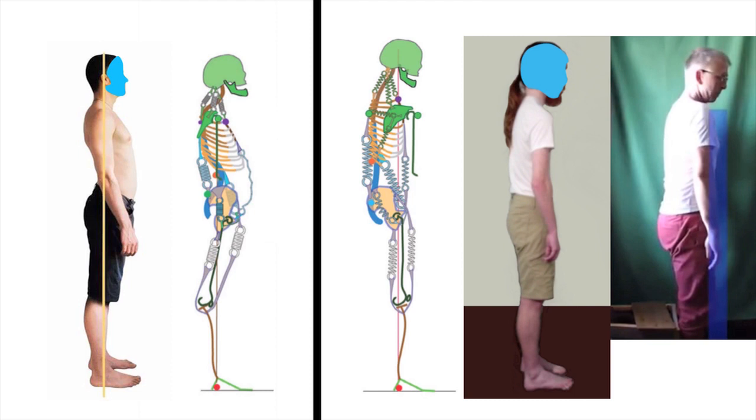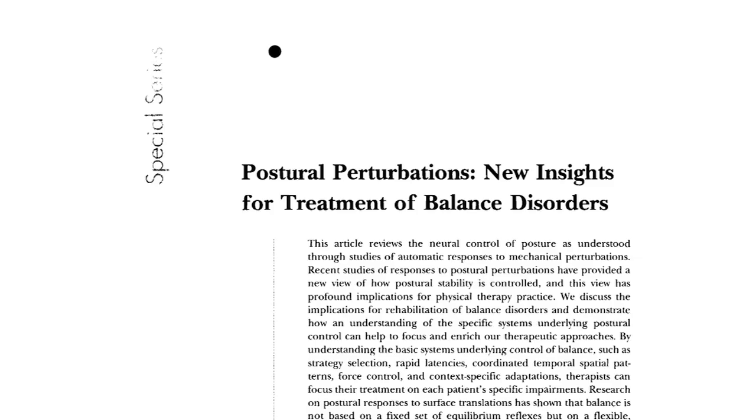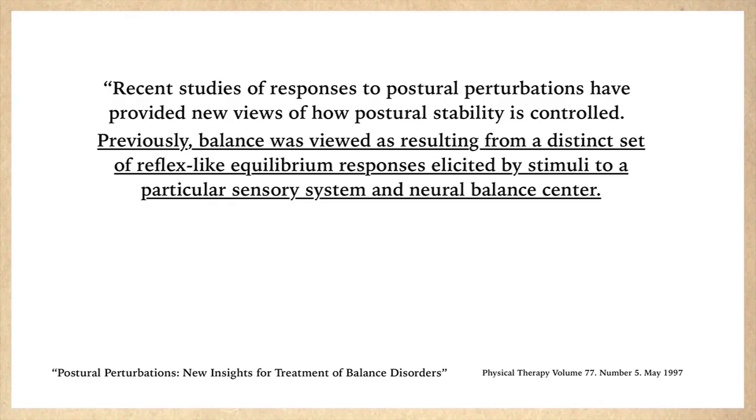skeletal segments properly. Masoero quotes from a paper entitled Postural Perturbations, New Insights for Treatment of Balance Disorders, that says, "Recent studies of responses to postural perturbations have provided new views of how postural stability is controlled.